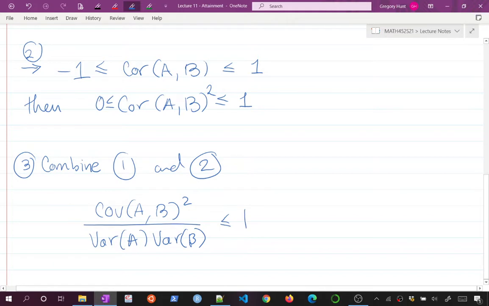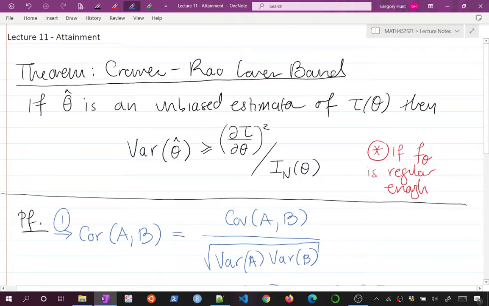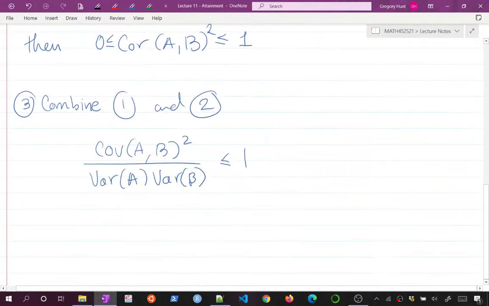So we have this less than or equal to sign, which is good, right? This is going to end up at the end of my theorem being this less than or equal to sign. So we're making some progress.